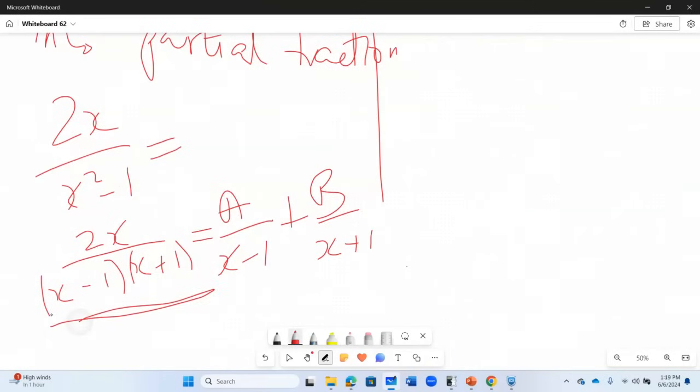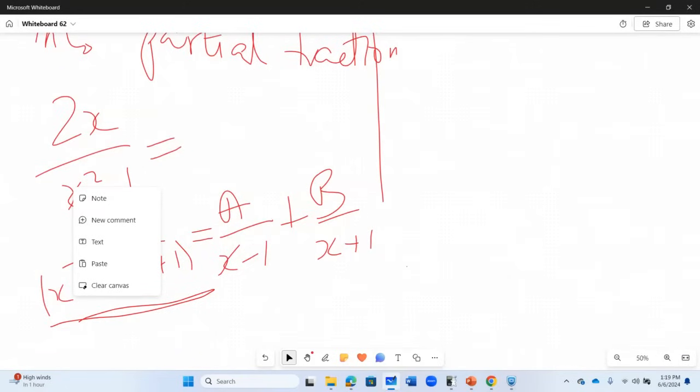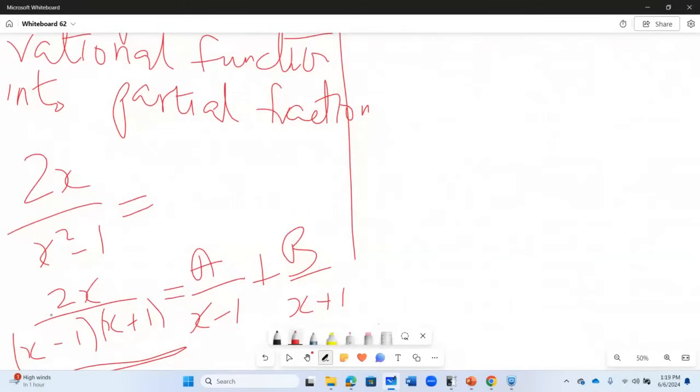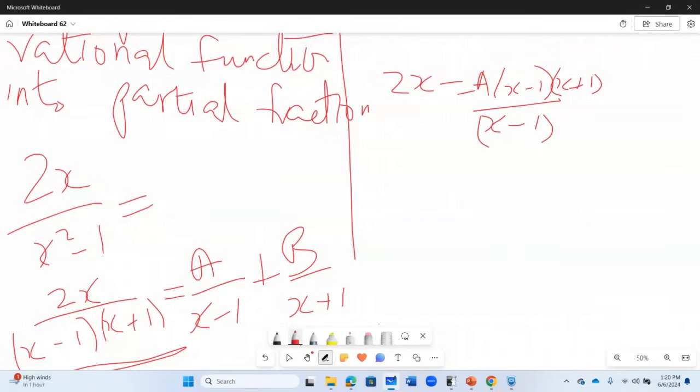And when I multiply both sides by this function, I will end up having 2x on the left-hand side equal to, on the right-hand side, A multiplied by (x minus 1)(x plus 1) divided by x minus 1. So there is a factor that can cancel.